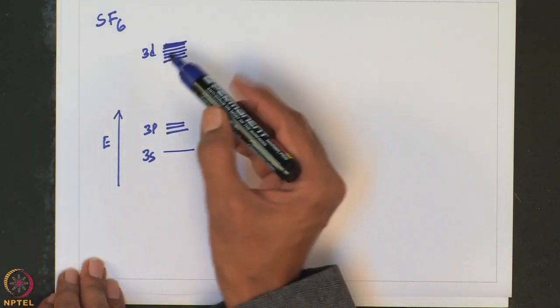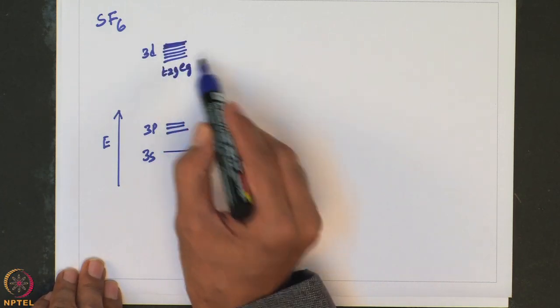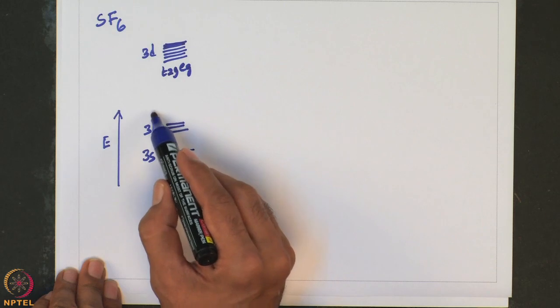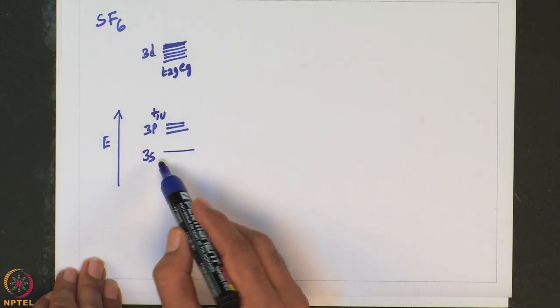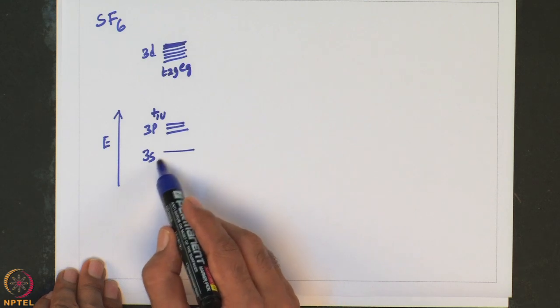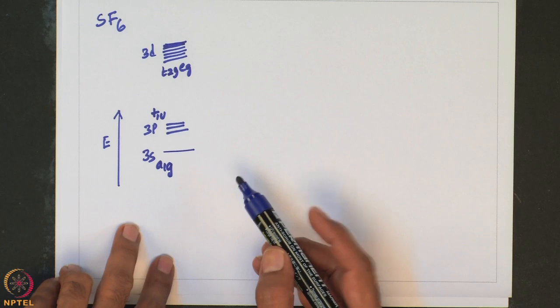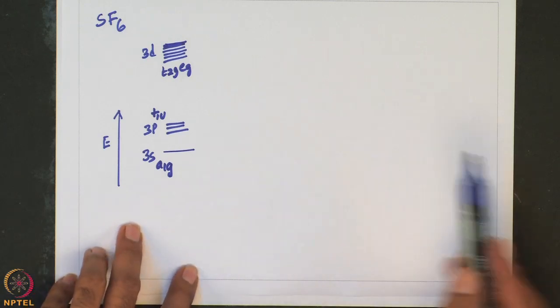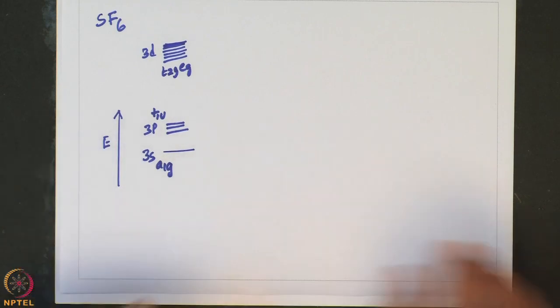Of course, they have T2g and Eg symmetry, and they have T1u symmetry, and this one is A1g symmetry. Okay. So, that is not important here, and now we are again using 6 fluorine orbitals.